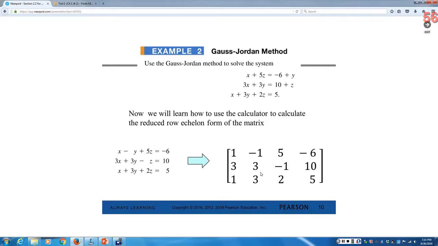And that's a whole page of paper problem if you have to solve it using algebra. What we do is we write the coefficient matrix: 1, -1, 5, and -6 for the first equation, 3, 3, -1 and 10 for the second, and 1, 3, 2, 5 for the third one.